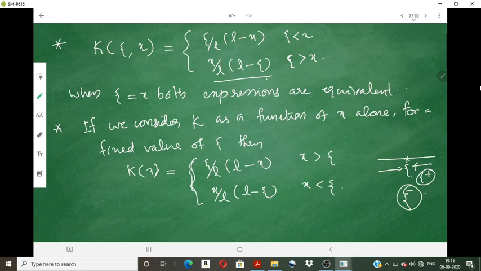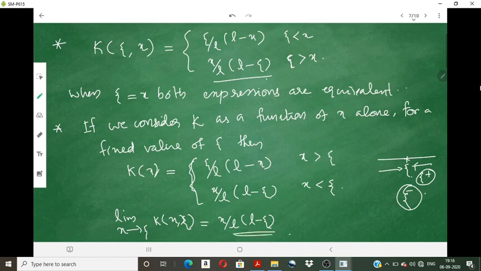When we talk about the limits, limit x tends to theta of k of x theta will be x by L into L minus theta, the same in both cases.